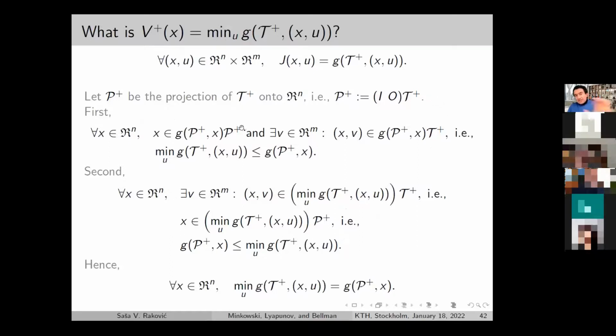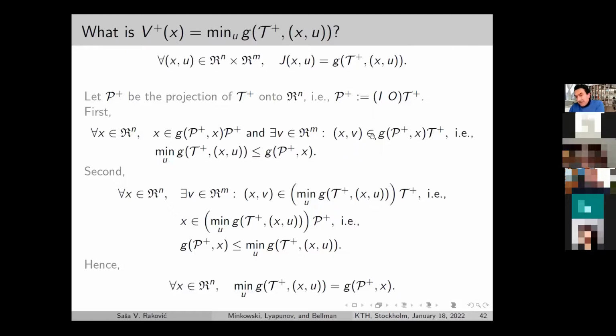And now I shall establish that this minimum of g of T plus of x,u is actually the gauge of P plus at x, okay? To see that, first, if you take any x, and if you work with the Minkowski function, then you know that x is inside of g of P plus at x. By definition, there would be a point v such that (x,v) is in g of T plus at x, okay, by convexity and property structure of this.